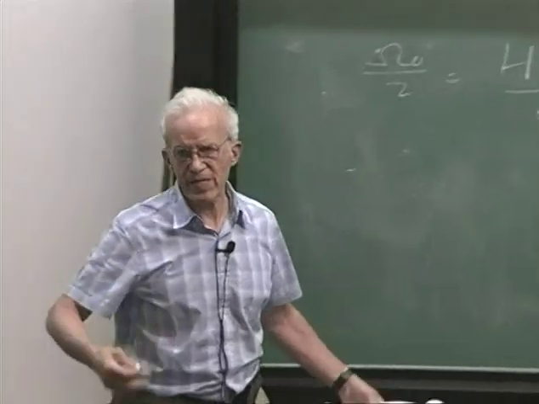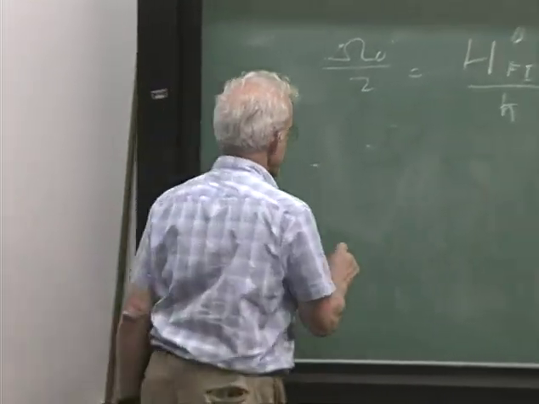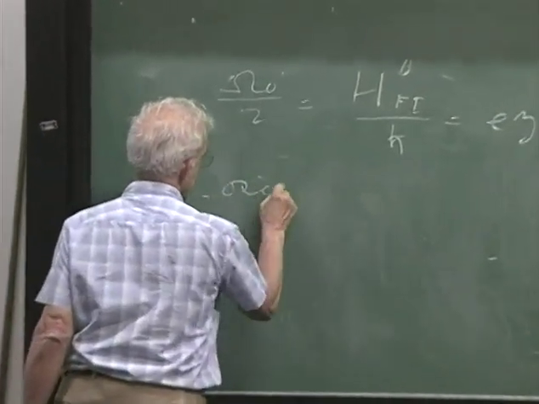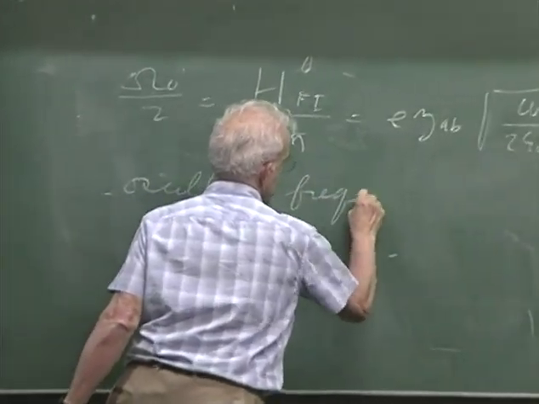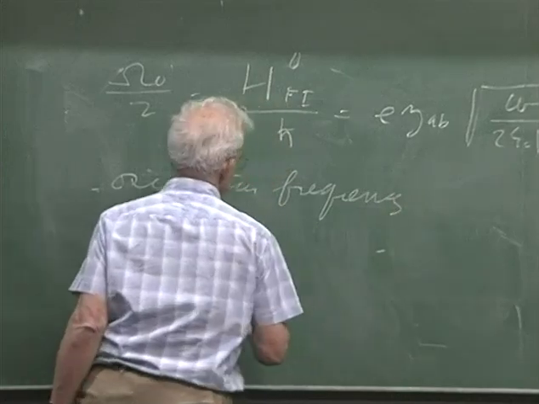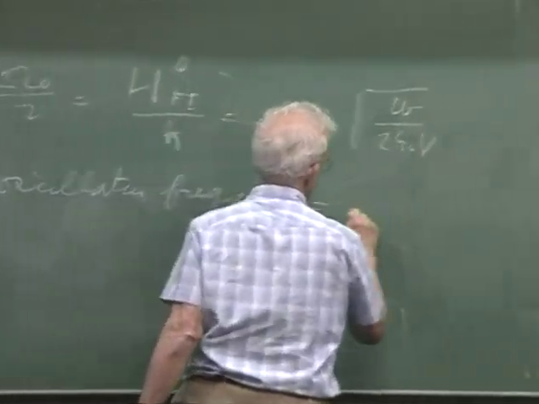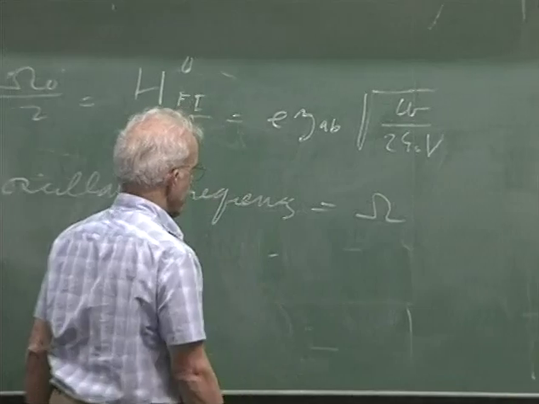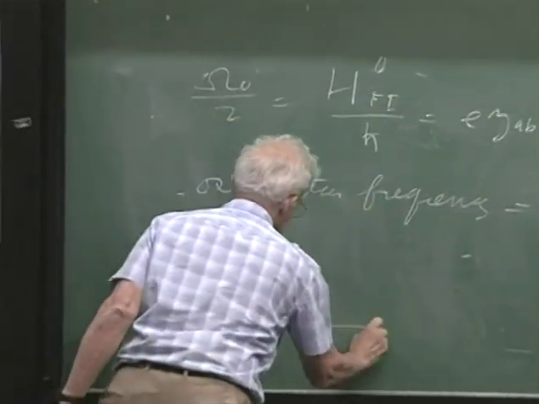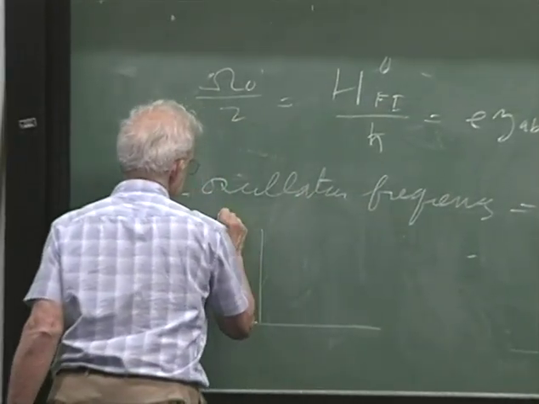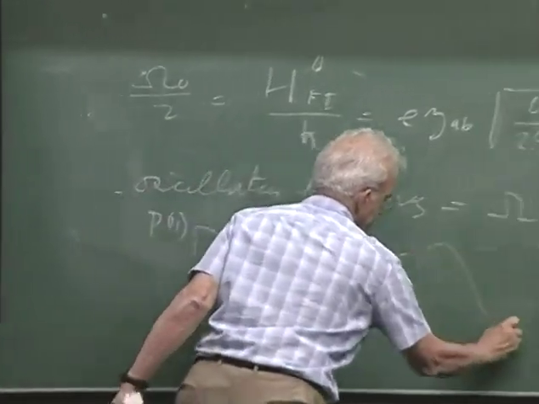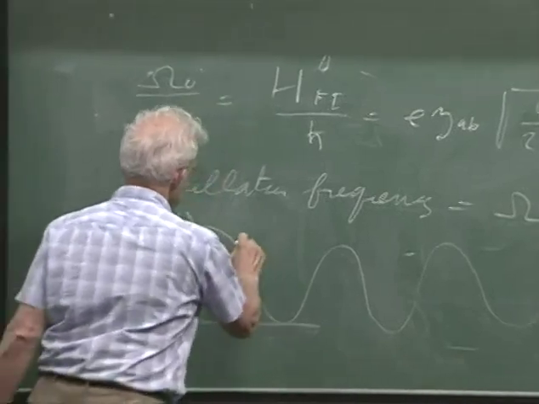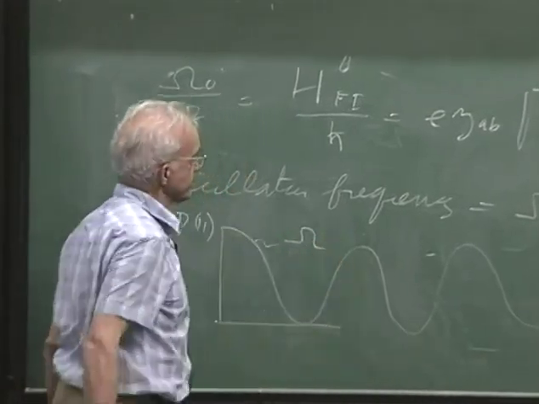If you look at the probability of the state, the oscillation frequency is just going to be omega. Namely, if I start in state 1, the probability of being in state 1 is just going to go back and forth like a cosine at this rate over here, omega.